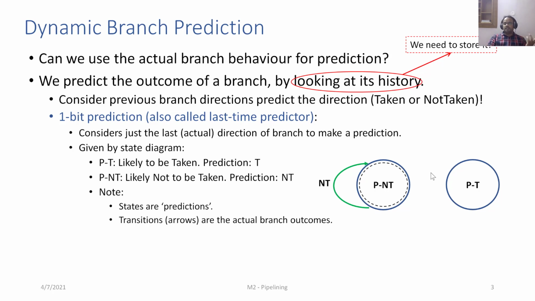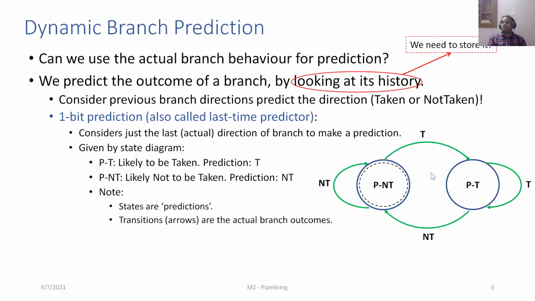Now, if we see that in the previous instance we predicted not taken, but the actual outcome is taken, then we would move to the next state, which is predict likely to be taken. Now we will continue to be in this state as long as the actual branch outcome is taken and our prediction is taken.